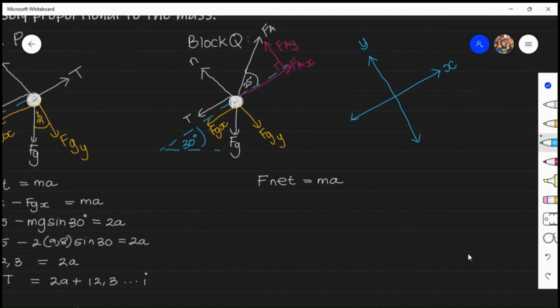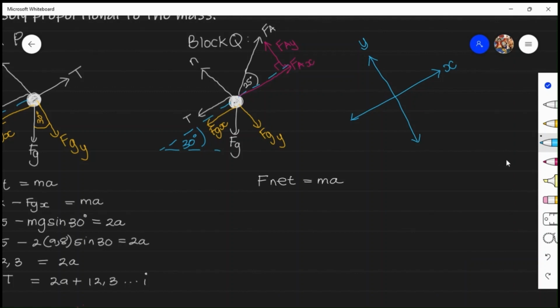So you can tilt your head or whatever you want to do to be able to see that your X, which is your horizontal, that is now your surface of your incline. And your Y is perpendicular to your surface of your incline.